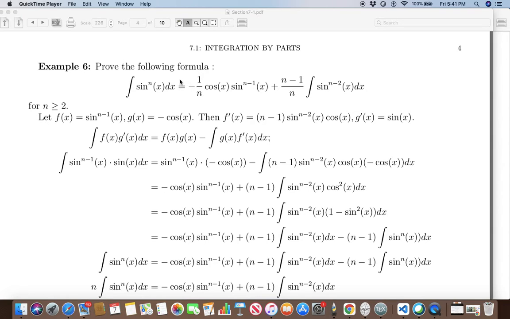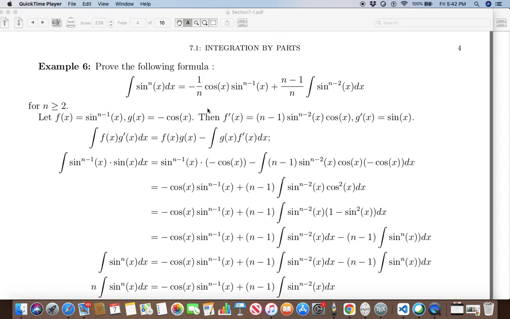So notice the point of this exercise is that the integral of a high power of sine is a product, so you will need integration by parts. Regardless, the integral of a higher power of sine is reduced to a lower power using integration by parts. If I ask you to find a formula for the integral of sine to the power 10, you can apply this formula and come down to sine power 8.